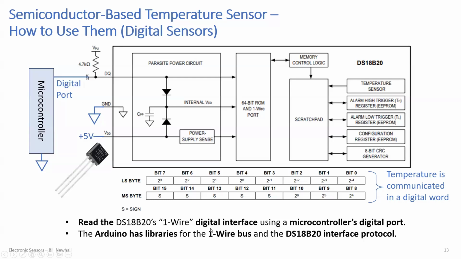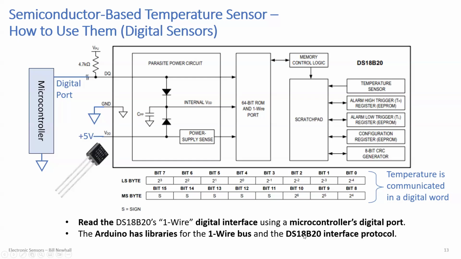So I encourage you at some point, if you have a project that needs temperature sensing, give this part a try, or any similar part that has digital sensing. What's nice about it is, let's suppose you had to locate this device far away from the microcontroller, even just a few feet away. If this were an analog sensor, you'd have a very long analog wire going back to the microcontroller, between the microcontroller and the sensor. And that's an opportunity for loss in the wire, even though it's not that much current, or probably more importantly, electromagnetic interference getting on the wire, right?